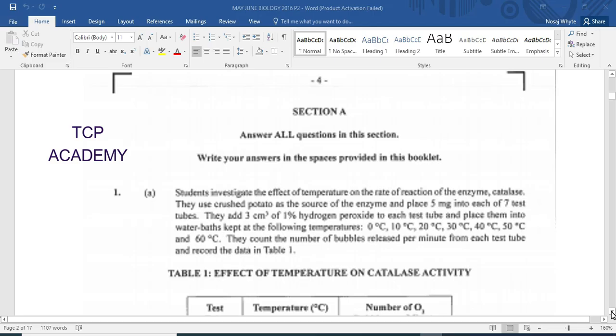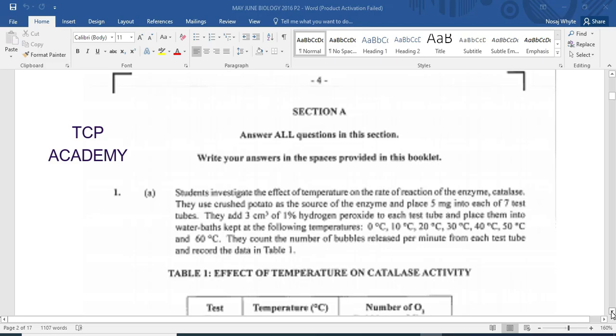They added 3 centimeter cube of 1% hydrogen peroxide, that is H2O2, to each test tube and place them into water baths kept at the following temperatures: 0 degrees Celsius, 10, 20, 30, 40, 60 degrees Celsius, and of course 50 degrees Celsius.